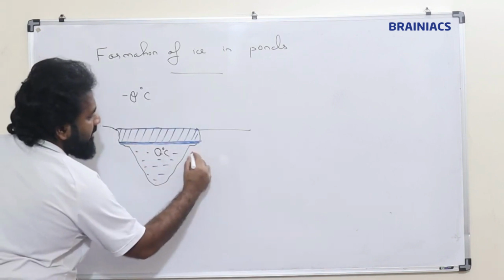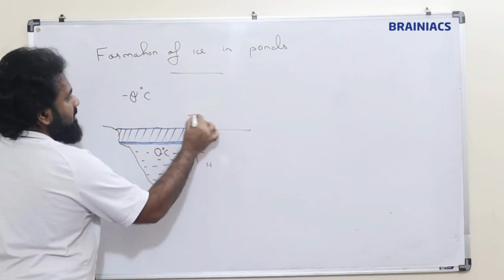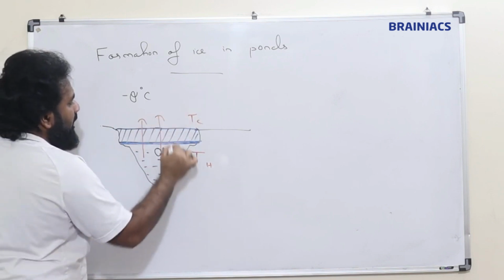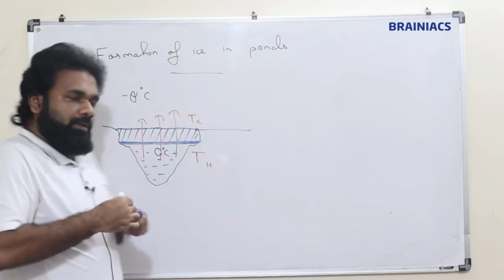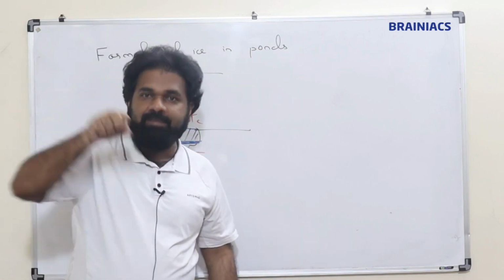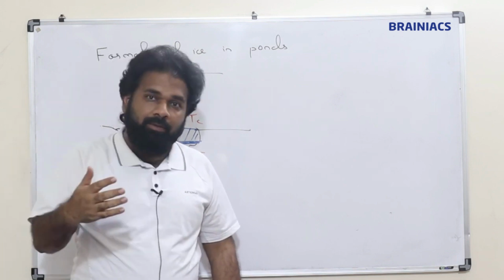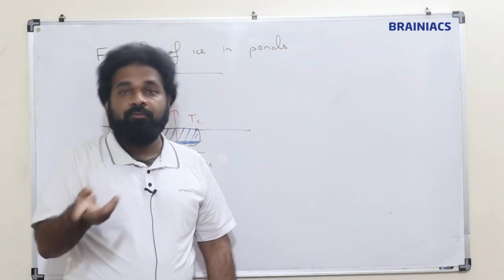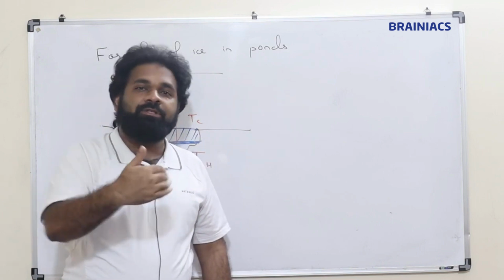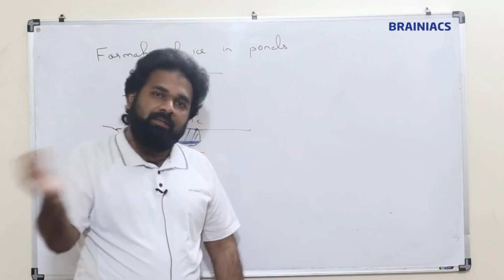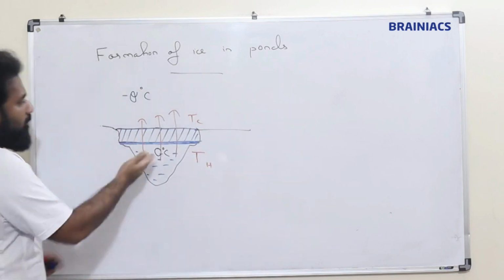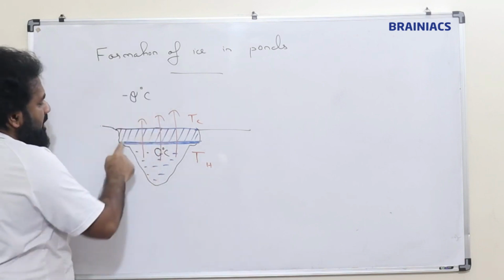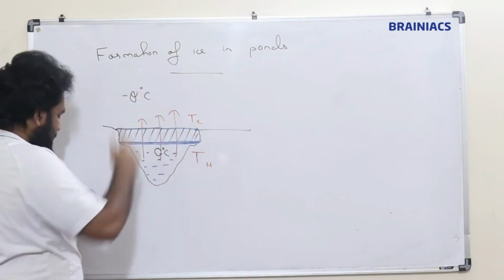This is at a higher temperature and this is at a lower temperature, so heat will be flowing in this direction. In calorimetry we have studied that when heat is extracted, either the temperature will decrease or a phase change will happen, in the backward direction: steam to water, water to ice. So since heat is moving in this direction, there will be formation of ice here.